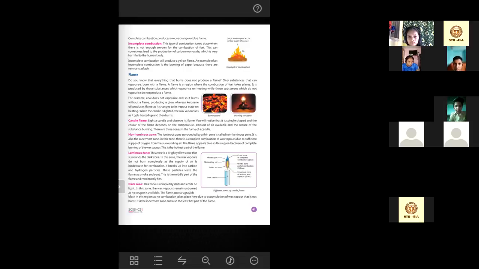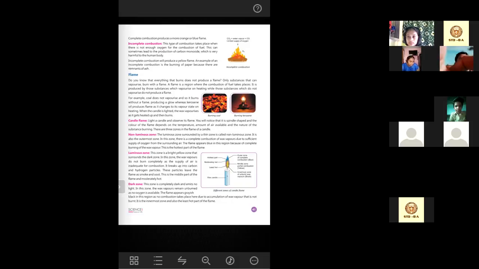Yes, ma'am. That happens due to the incomplete combustion of this luminous zone. When it is burning properly and brightly, enough oxygen and enough fuel are present, enough wax if we are using a candle, enough oil if we are using an oil lamp.